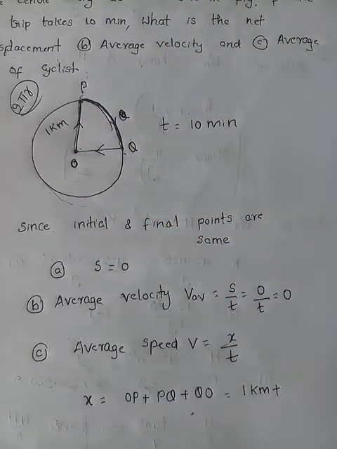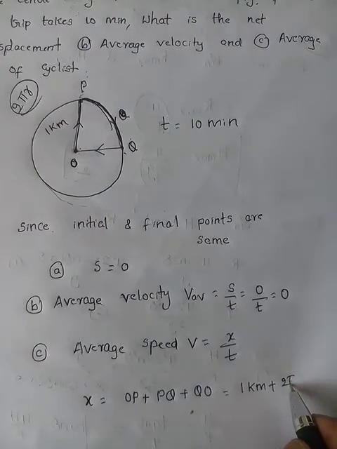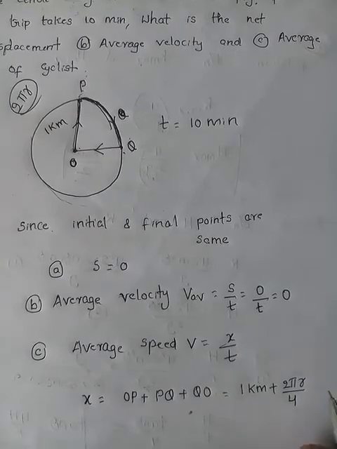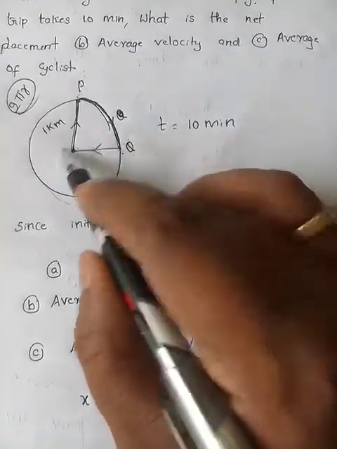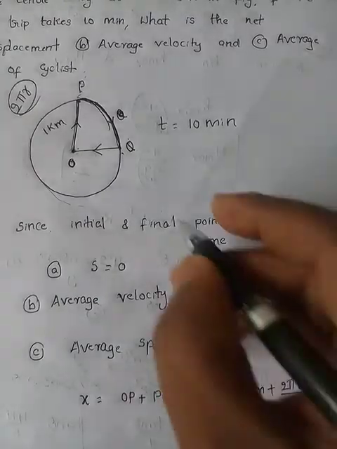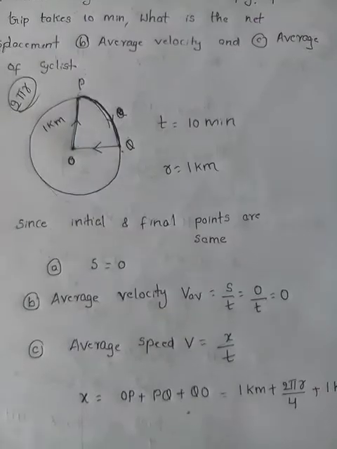This is 1 by 4th of the circumference, so I can write 2 pi r by 4, plus QO. QO is also the radius, 1 kilometer, because they gave the radius of the park as 1 kilometer.